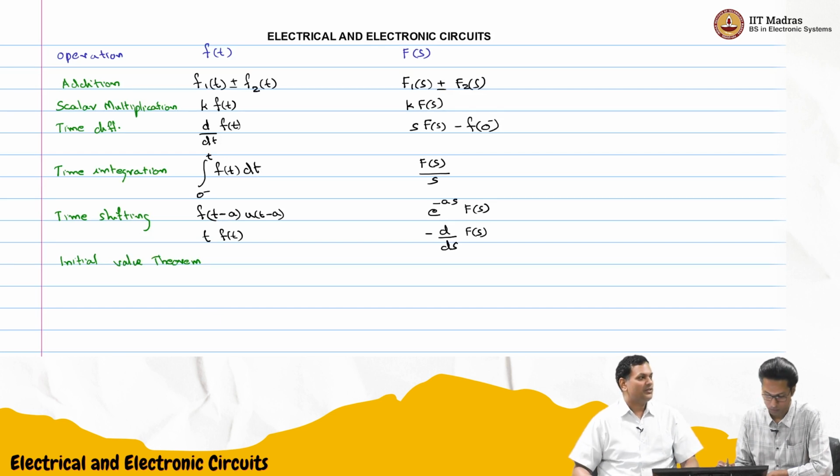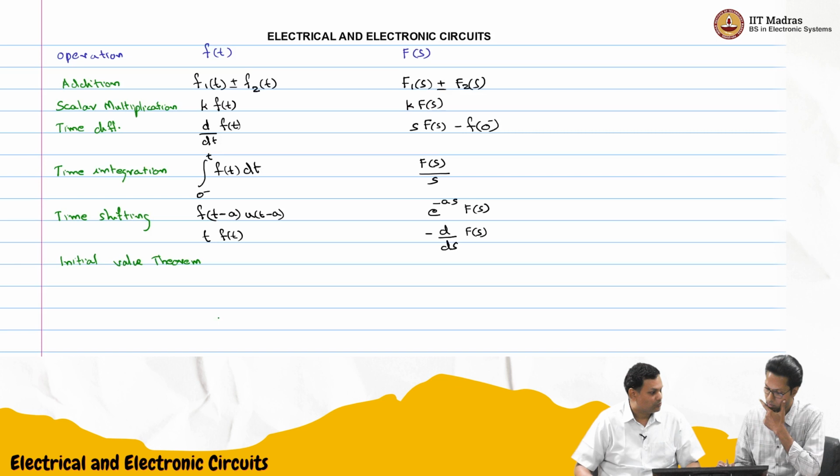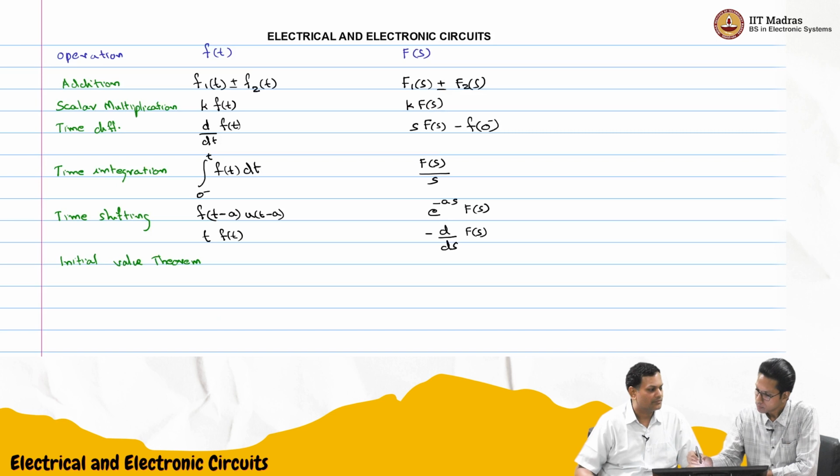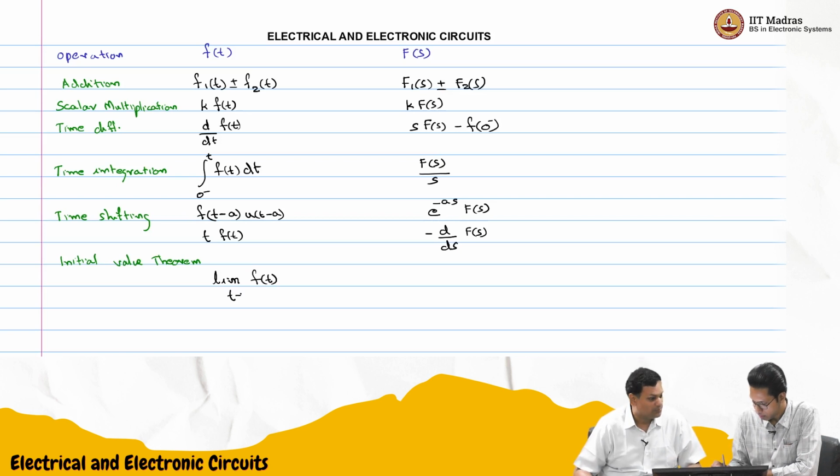So initial value means you want to find out f of 0, or f of 0 plus. Initial value, so that means time t is equal to 0. 0 plus or 0, 0 is okay, I think. So the limit of f of t, t tending to 0.